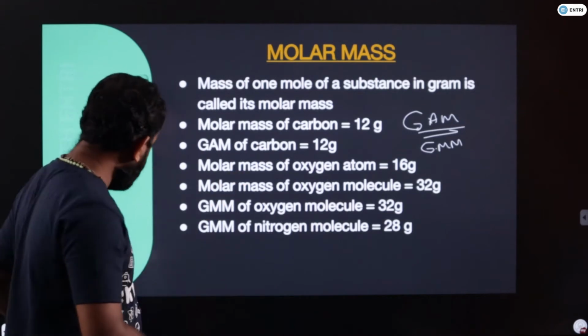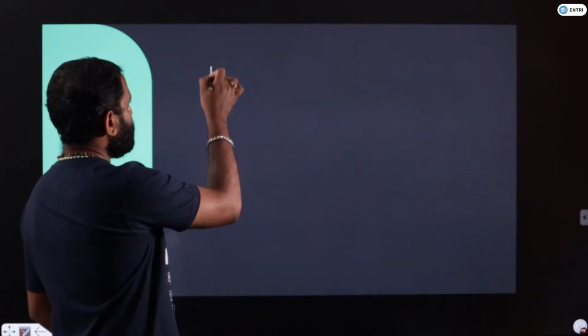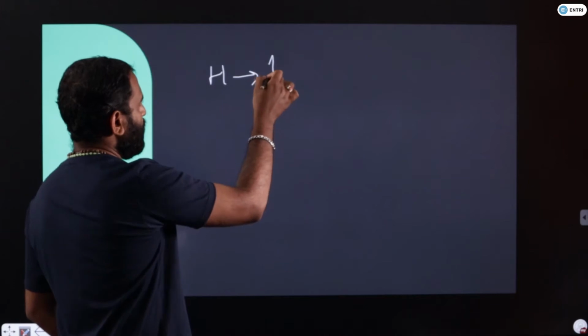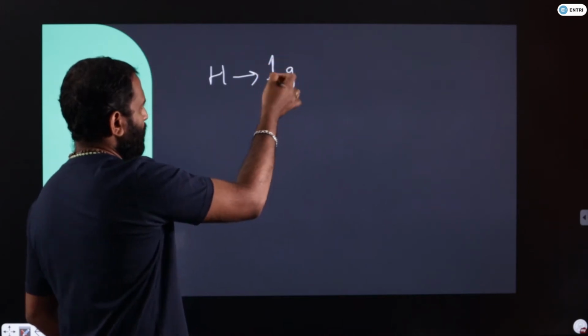We have to study the atomic masses of some elements.